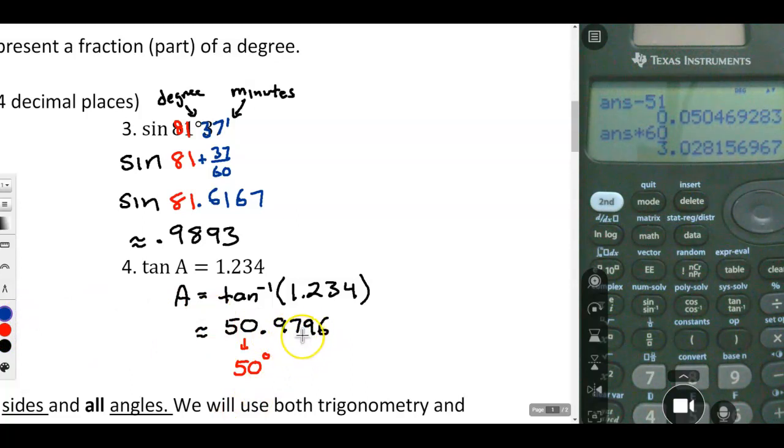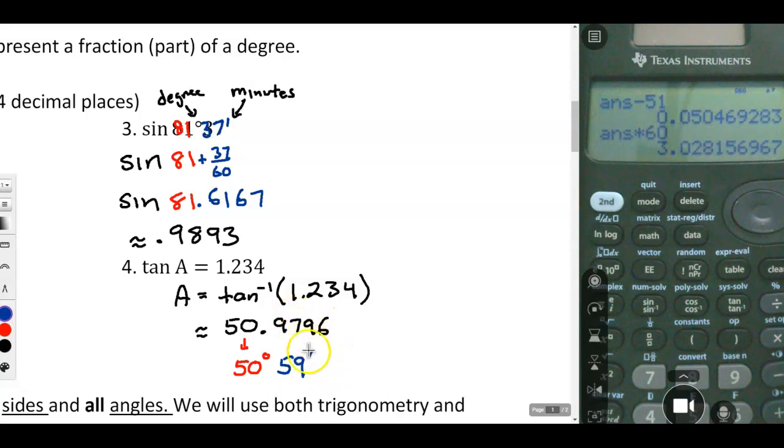This will come out to probably 59-ish is my guess, 58 or 59 if you round it. Because this is almost another degree, like you're 98% of the way to the next degree. So you're very, very close to getting to the next degree. All right, so that's what we should get there.